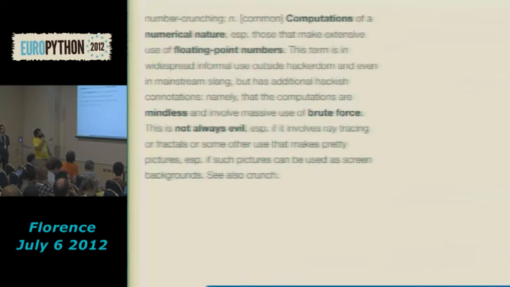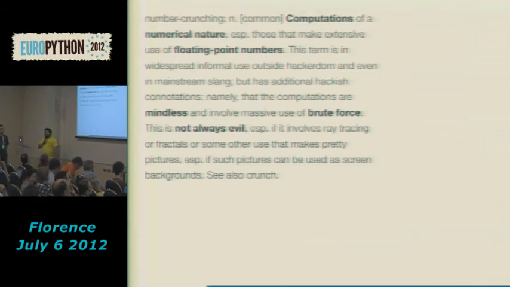So, what is number crunching? We are talking about computations of numerical nature. Basically, it's about floating point numbers, and sometimes it has this connotation of brute force, mindless, and evilness.